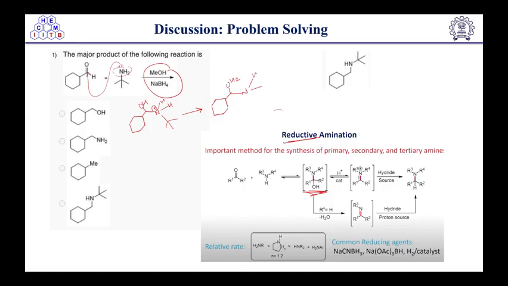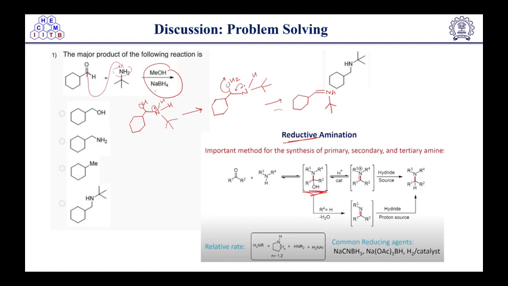Okay, this will knock out, and we'll get this one intermediate, correct? All of you understood this one.